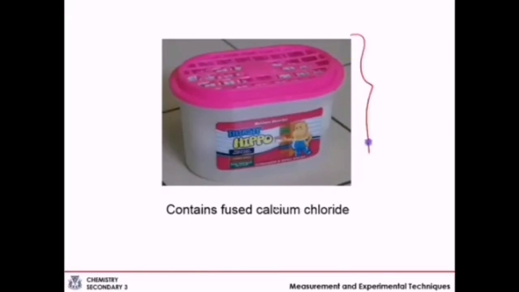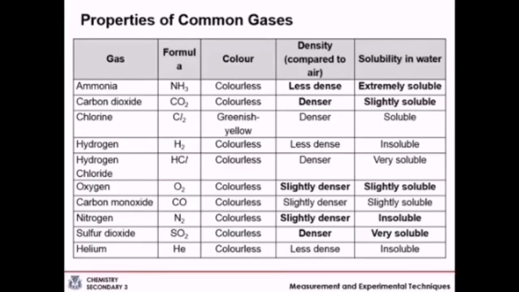Fused calcium chloride, as I told you, is a solid that has the ability to absorb moisture from the surroundings. Okay, properties of common gases: ammonia, which has the formula NH3, is colorless, less dense than air, and extremely soluble in water.